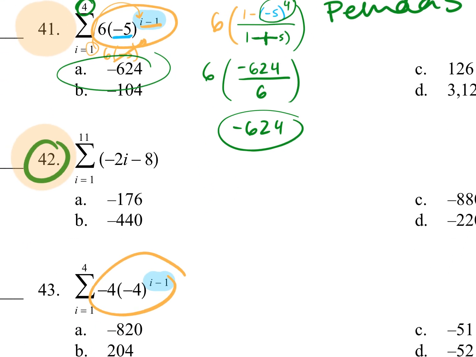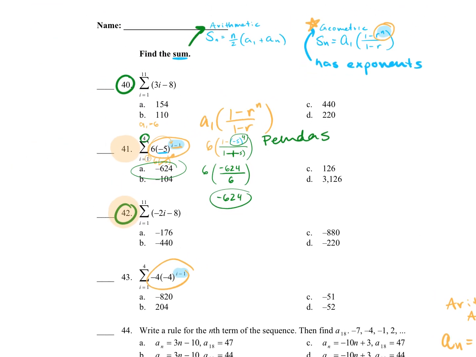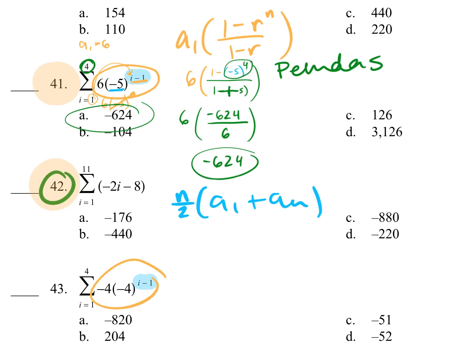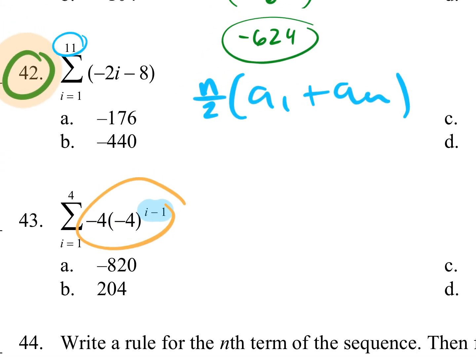For 42, this is an arithmetic sequence, so we have to use our formula that is n over 2 times a sub 1 plus a sub n. So n is our number on top, so that's 11 over 2. A sub 1, we take the number on the bottom and plug it in.